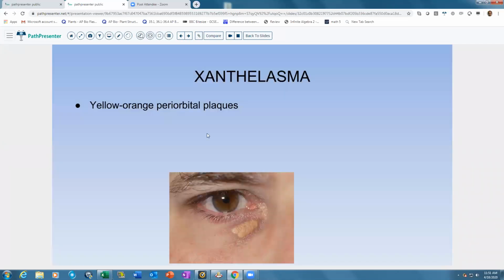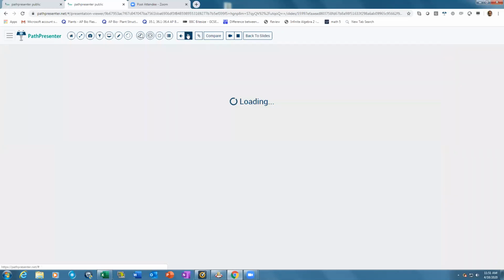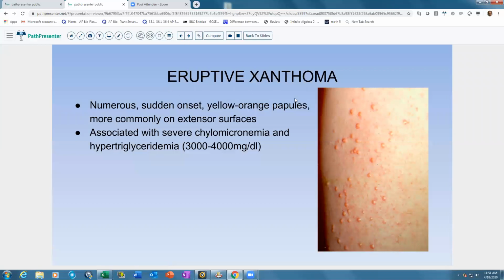So xanthelasma presents with these yellow-orange periorbital plaques, and histologically you see this collection of foam cells within the dermis. Other places where you're going to see a lot of xanthomatous cells, one is eruptive xanthoma. This clinically presents with numerous sudden onset yellow-orange papules, more commonly on the extensor surface.